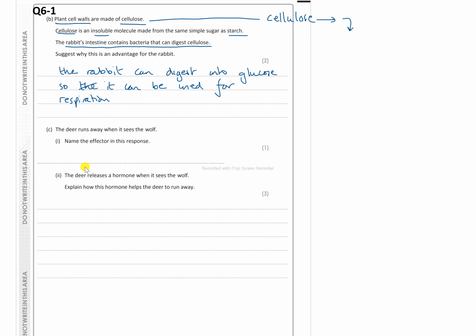And respiration, remember we said respiration is the chemical reactions in the cell that turn glucose into energy that we need.